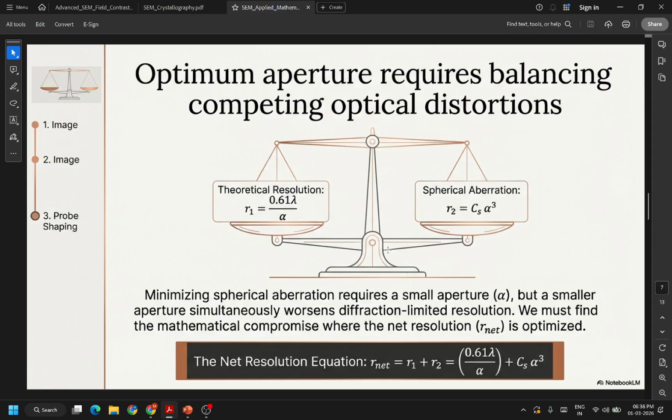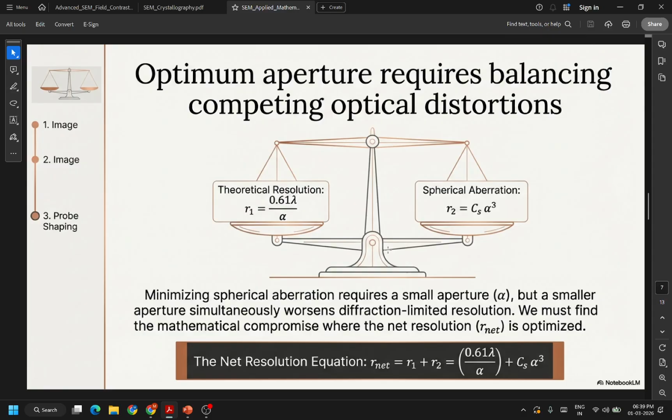Now you want to see the optimum aperture, so that it balances your distortions. Your theoretical resolution is given as r equals 0.61 lambda by alpha, whereas your spherical aberration gives resolution as Cs alpha cubed.